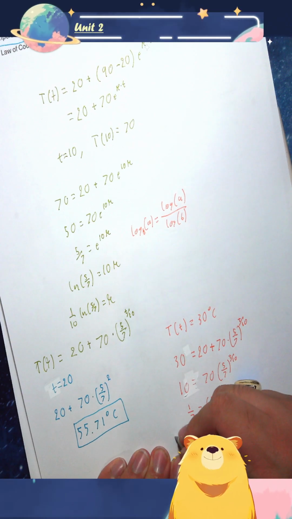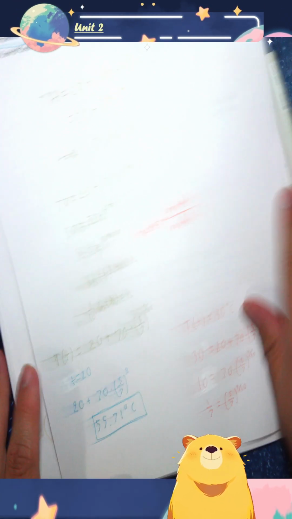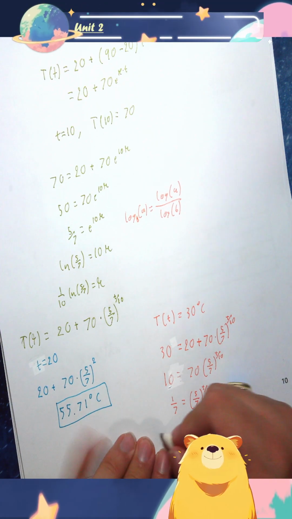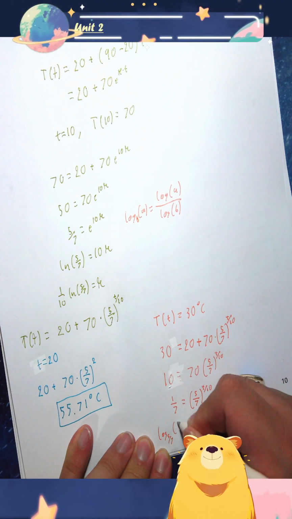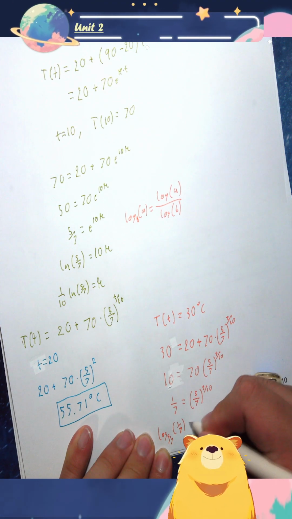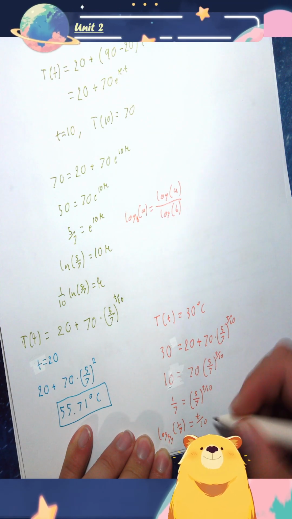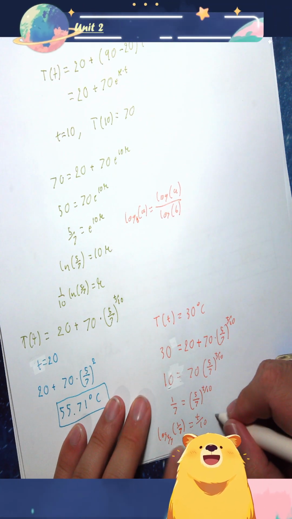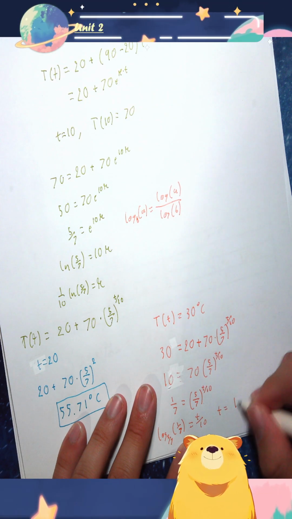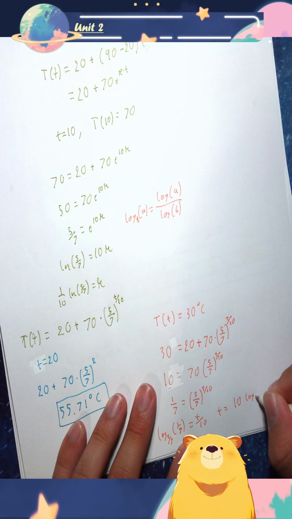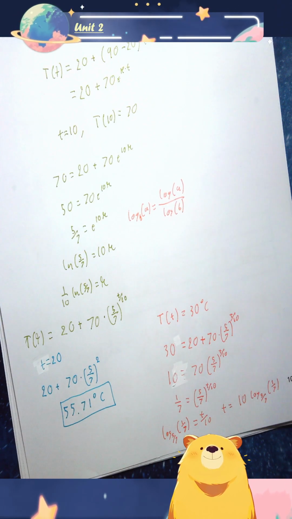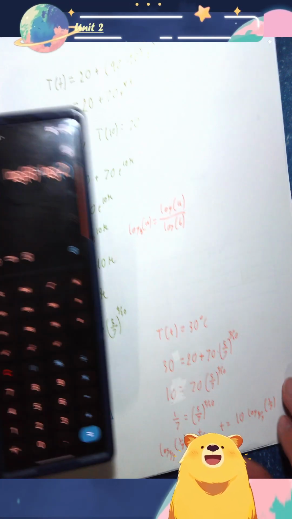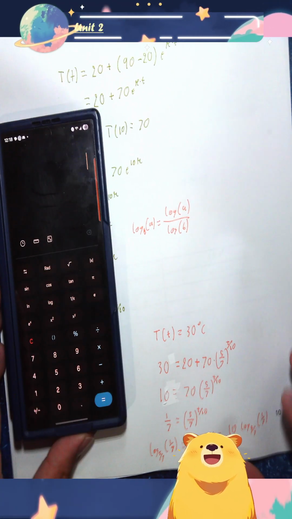I'll do log base 5 over 7 of 1 over 7 is equal to t over 10, and then I'll just multiply that by 10. So 10 times log base 5 over 7 of 1 over 7. I'm going to type that into my calculator, and this I'm going to do live with you guys.